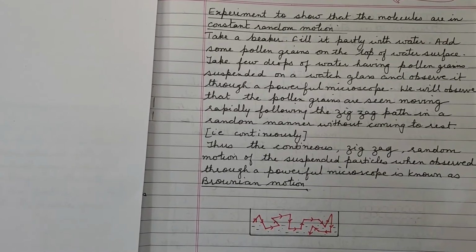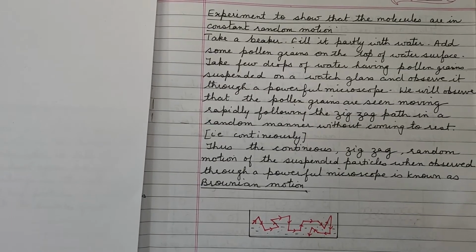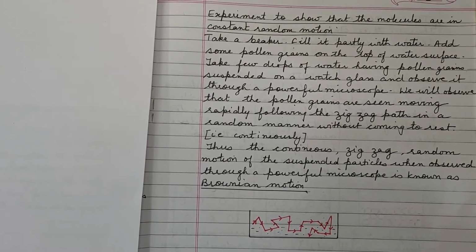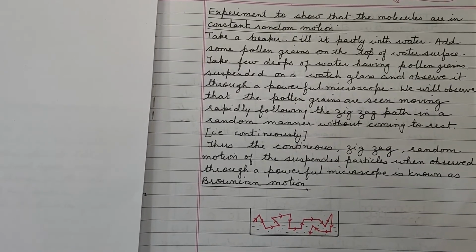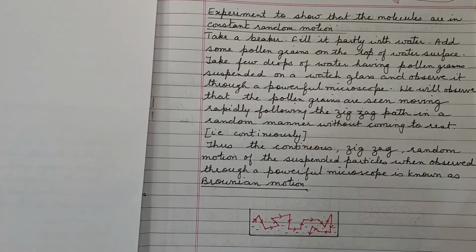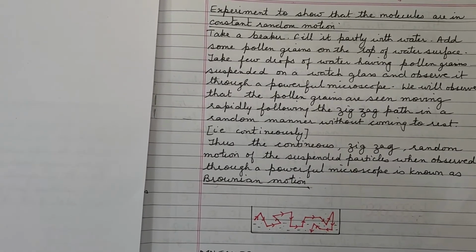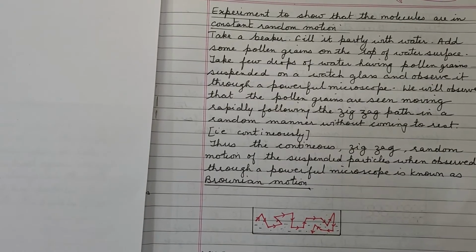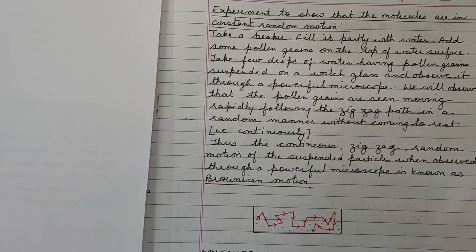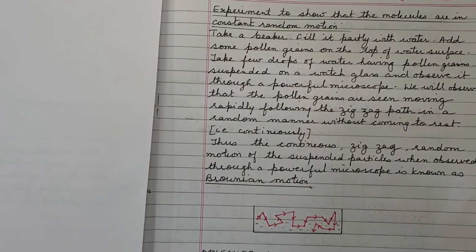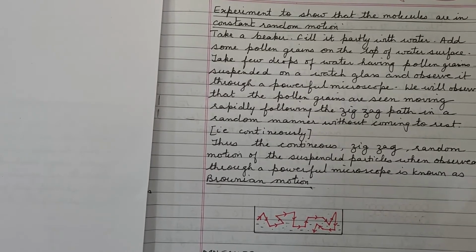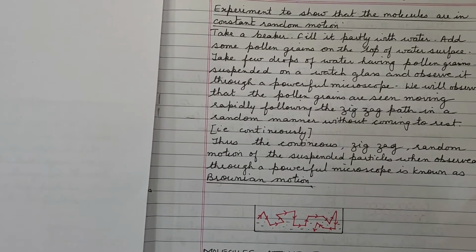When we observe these pollen grains through a powerful microscope, we'll see that the pollen grains are moving rapidly, following a zigzag path in a random continuous manner without ever coming to rest.